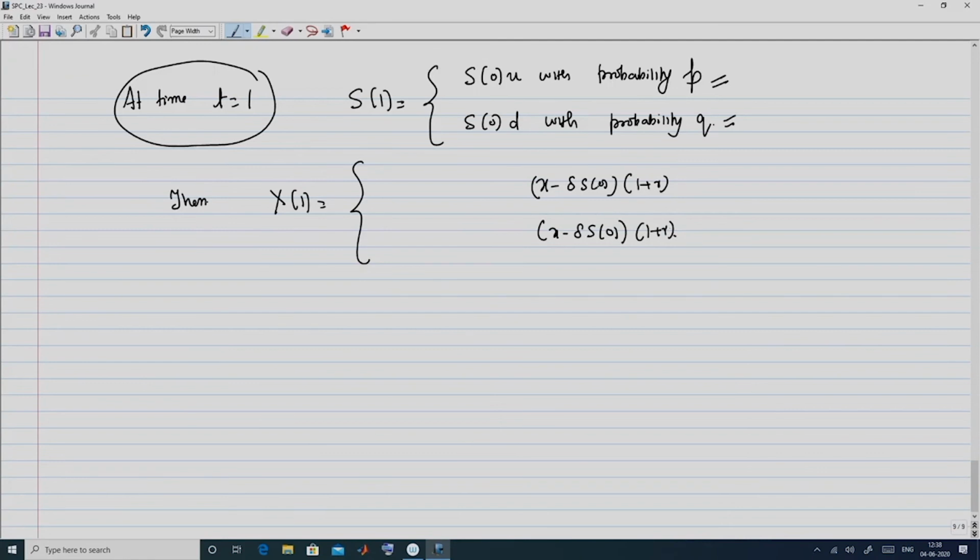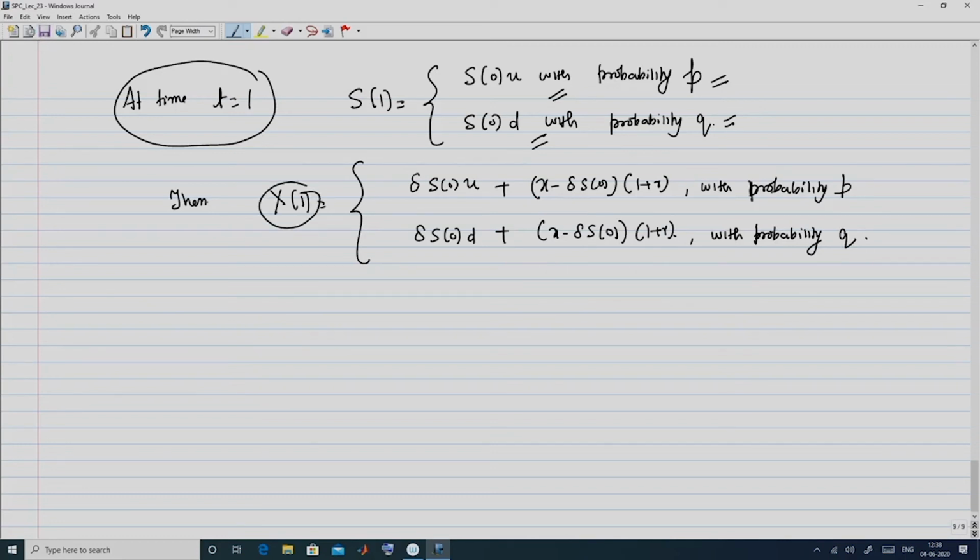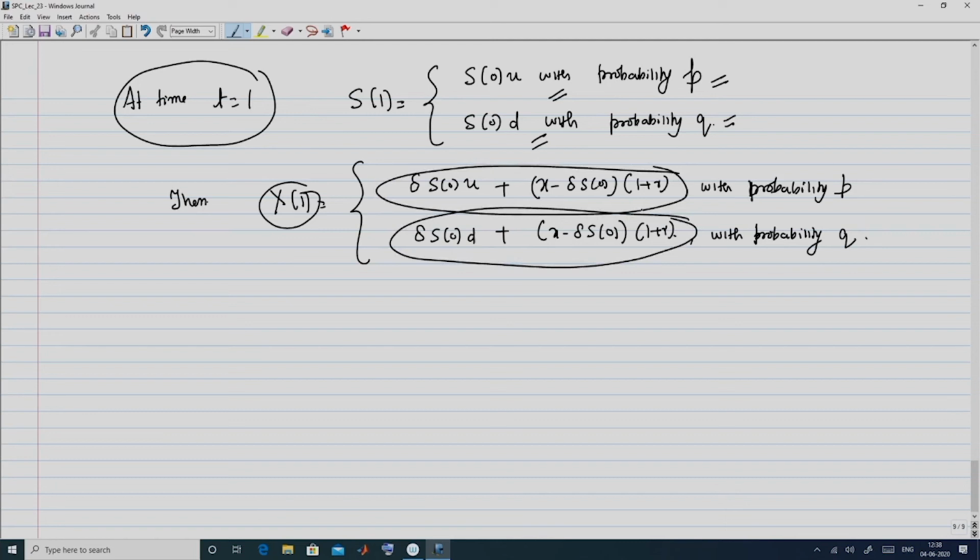However, the valuation of your stock can either be delta into S naught u in this case, or delta into S naught d in this case. So, your total wealth will be the sum of these two, with the first scenario having the probability p, and the second scenario having the probability q. Alright. So, now you have this random variable x taking two possible values, the one here with probability p, or the one here with probability q.